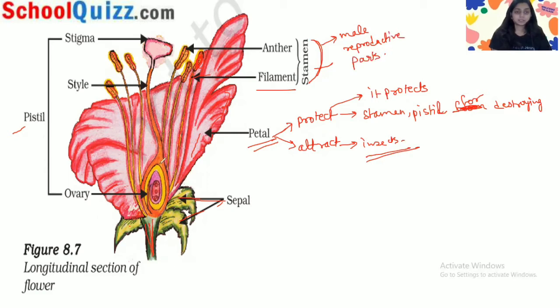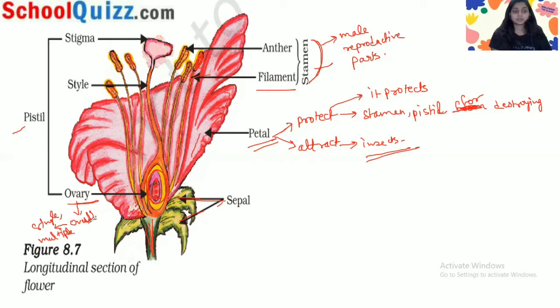And you can see here the big oval type, which is called the ovary. In the ovary you can see these dots, and these dots are called ovules. There are many ovules in the ovary, and it can be single also, or it can be multiple.